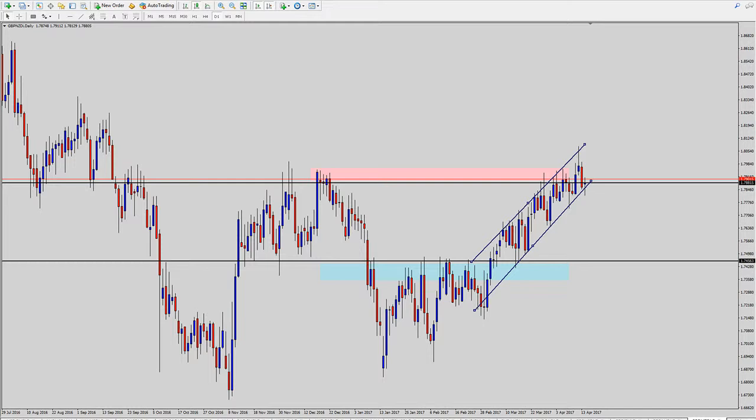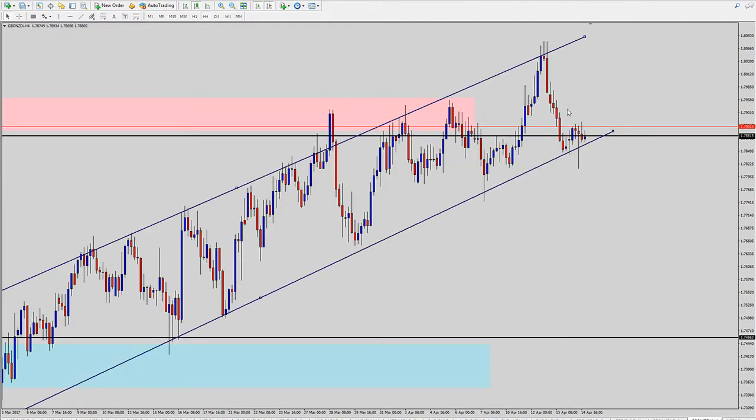Next up we have British Pound New Zealand, and where the market's actually testing right now, looking for that bearish evidence, I believe, in a 4-hour. We have a nice consolidation channel to the upside.